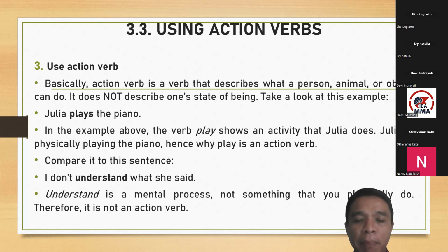So the ability in determining the action verb is really needed in creating or arranging the news item text.